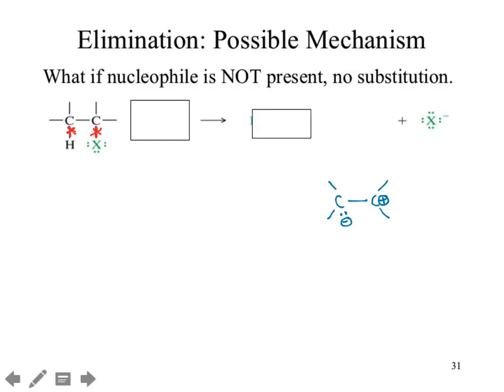Those two things result in an unstable structure that immediately stabilizes by making a pi bond. But the pi bond is not our limiter here. The limiter is dealing with our hydrogen and our leaving group, that X. So we're really only breaking two bonds, which then comes back to another question. Well, what is the order that those two things break?